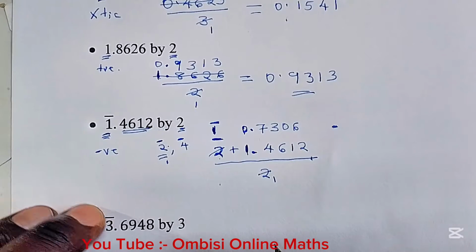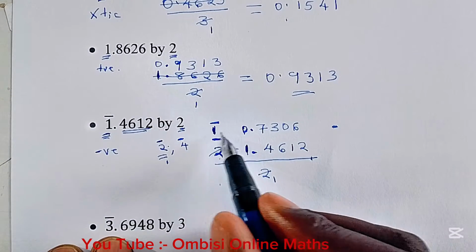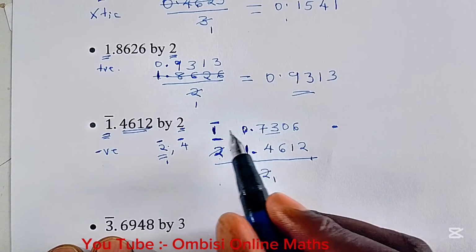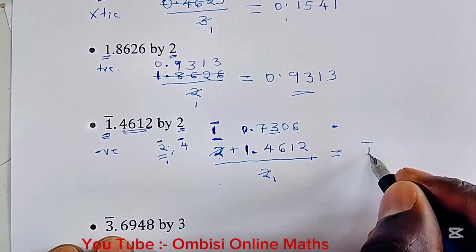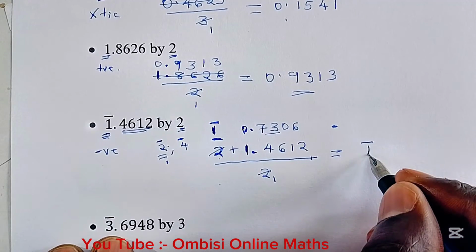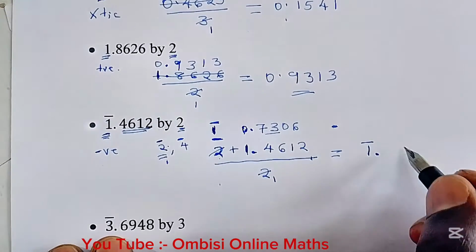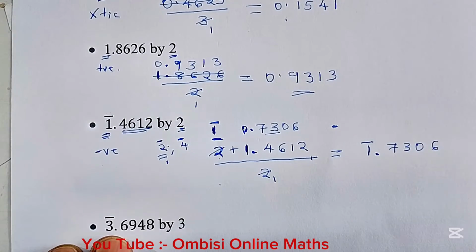Then at this particular place, make sure you add the characteristic alone, not the mantissa. So bar 1 plus 0 gives us bar 1. Point, now put the mantissa, which is 7306.